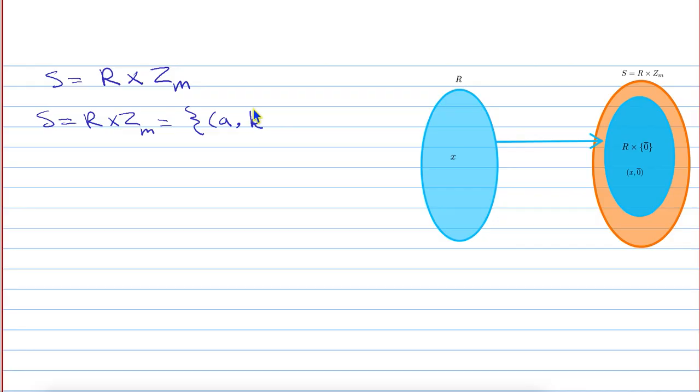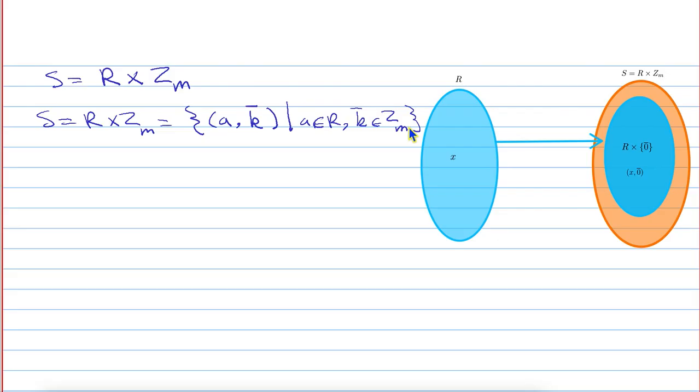It is the set of all non-negative integers congruent to K mod M, okay? Such that, of course, A is in R and K bar is in Z sub M.